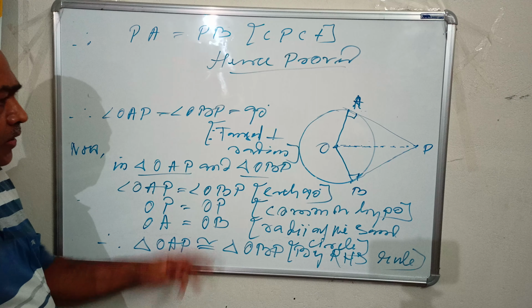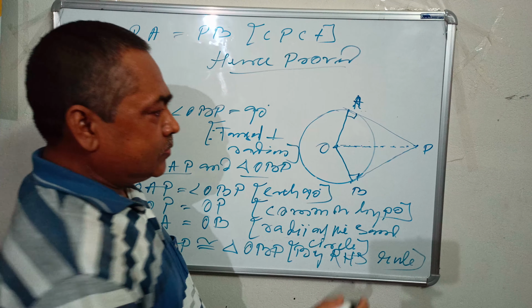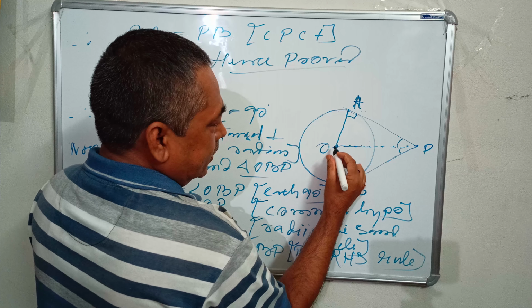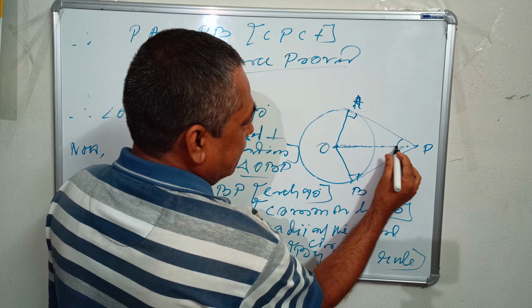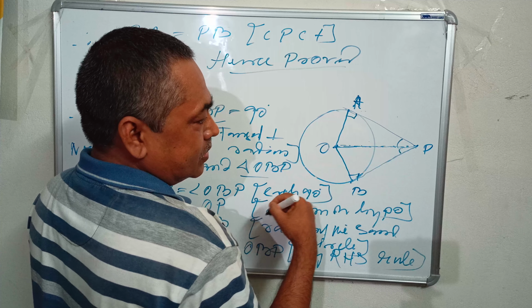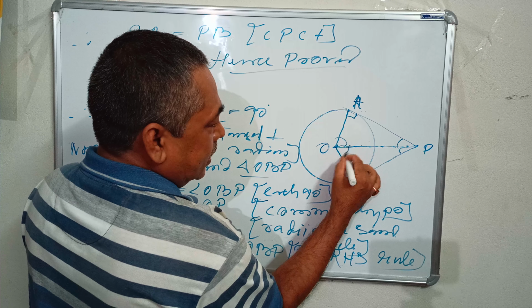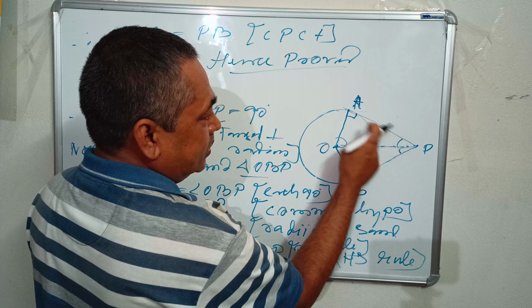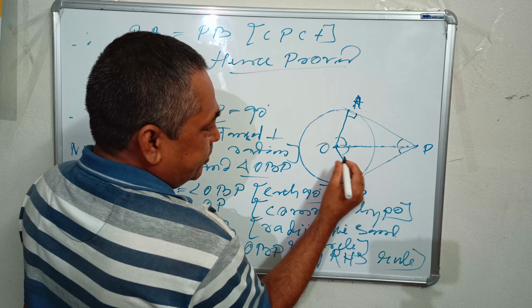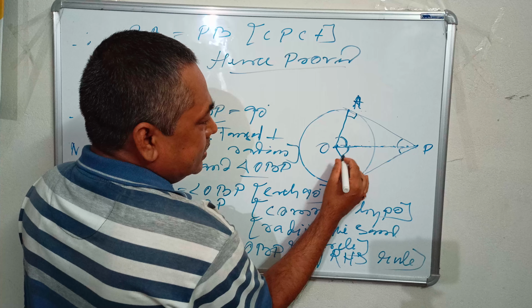Here, in addition to this one, I tell you that also by CPCT these two angles are equal. That means the line segment joining the center to the external point bisects the angle between the two tangents. Also these two angles are equal by CPCT. It means that these two tangents subtend equal angles at the center.